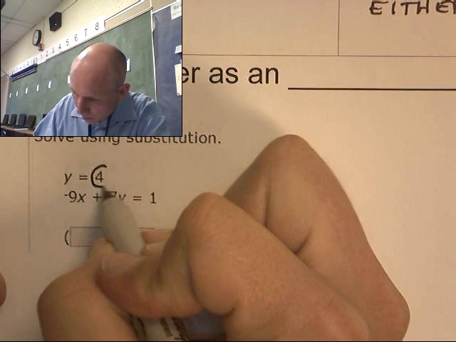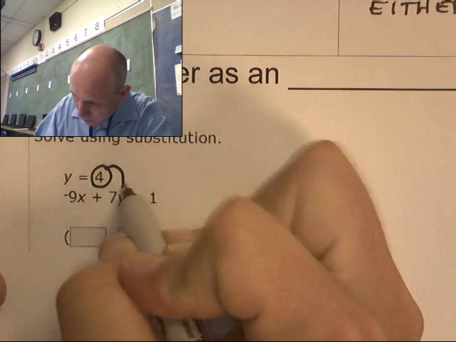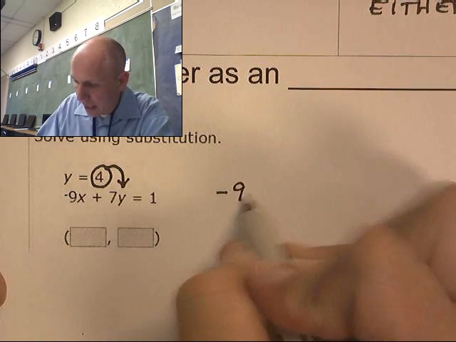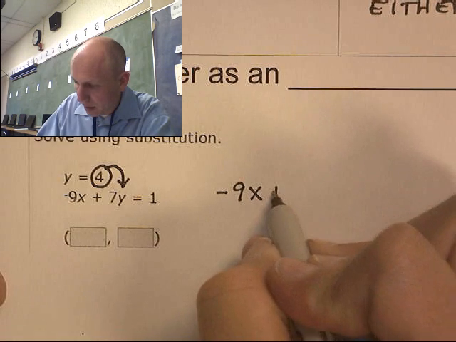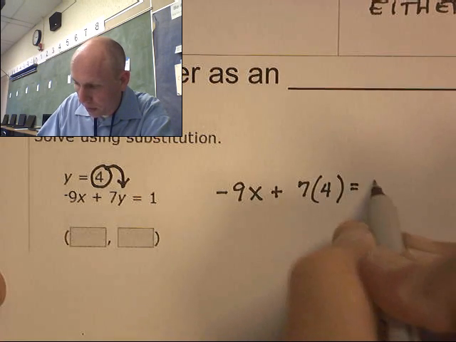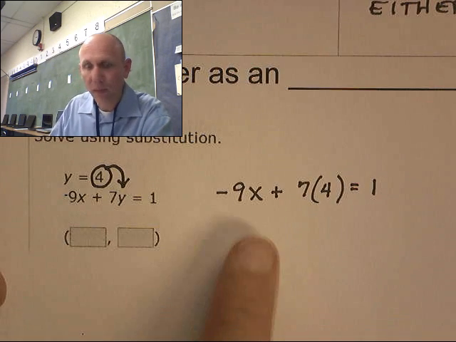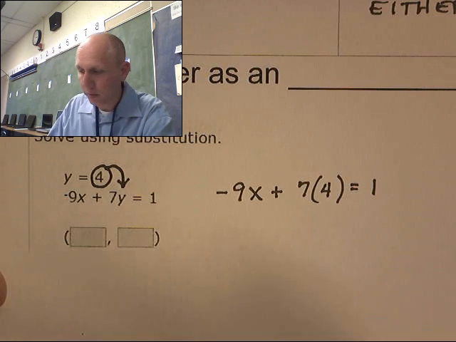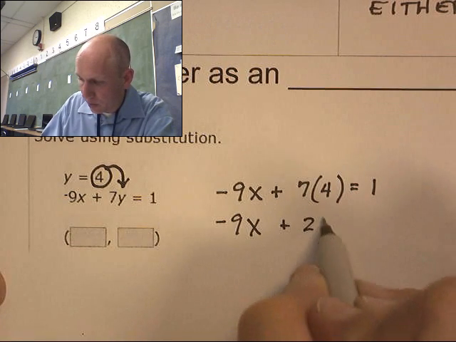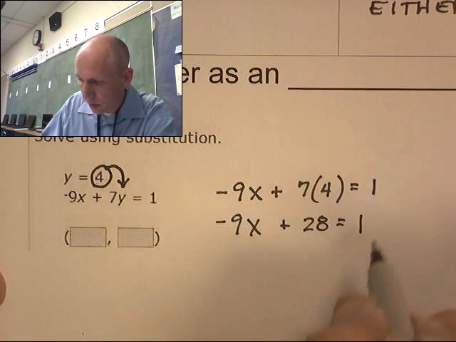I'm going to take this 4 and put it right there. I will have negative 9x plus 7 times 4 equals 1. Now I'm going to solve this. Negative 9x plus 28 equals 1.